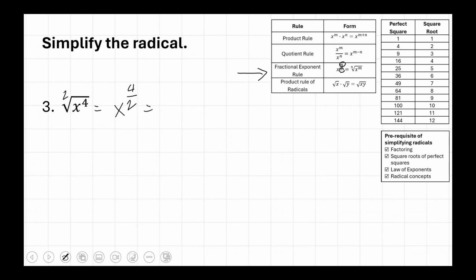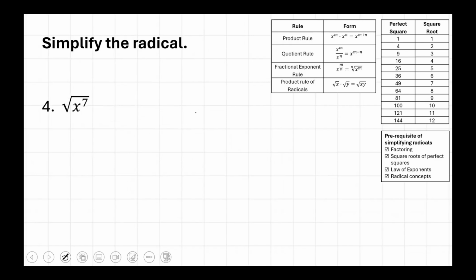Okay, so we know that we can simplify 4 divided by 2, and that is equal to 2. And since our exponent is a whole number, we don't have any radical anymore. That's why it's x squared. Okay, so this is our simplified form.